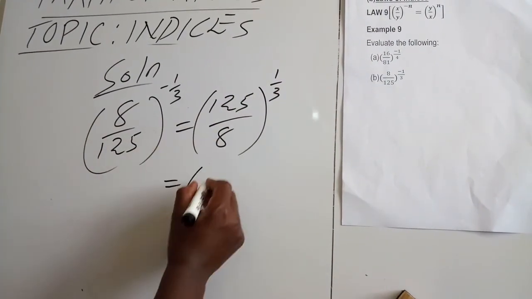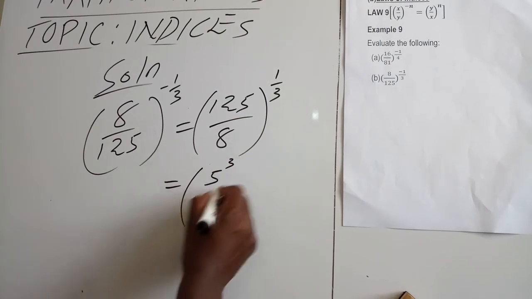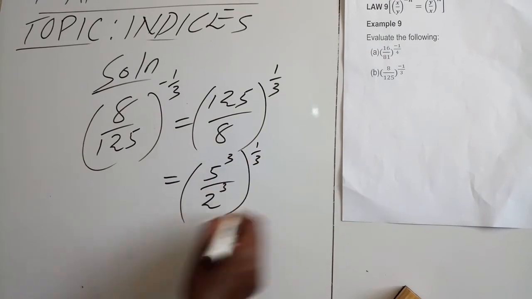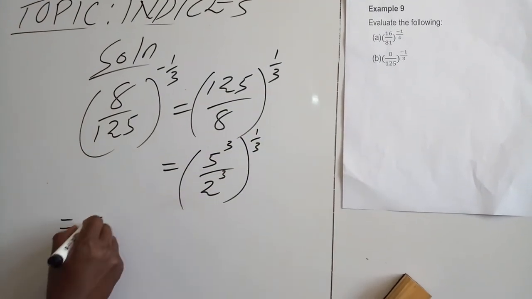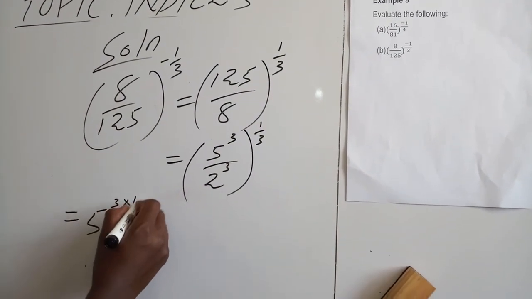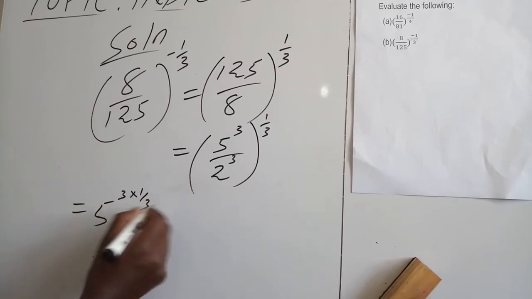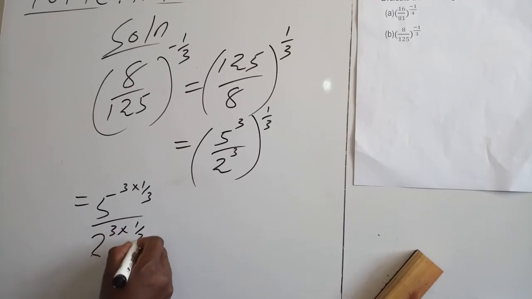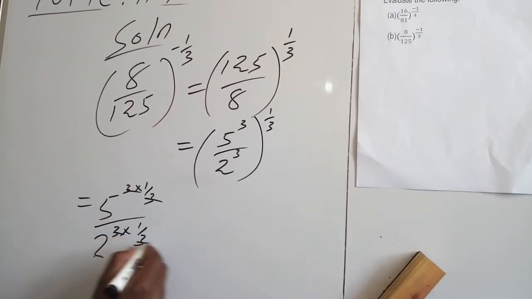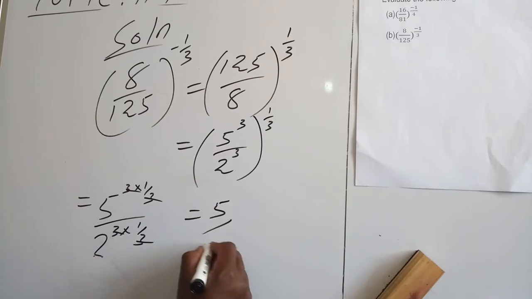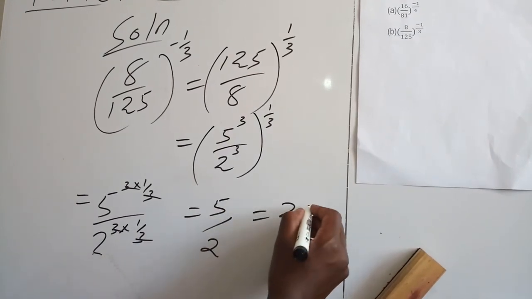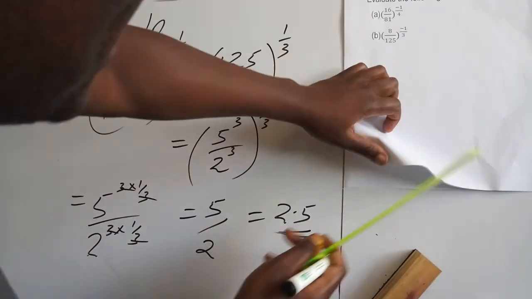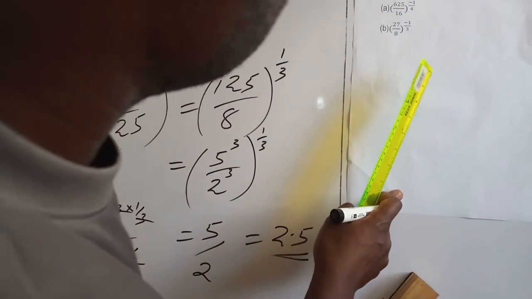This will come to 5 power 3 over 2 power 3 all to the power a third, which would give us 5 power 3 times a third over 2 power 3 times a third. That and that cancel. We are left with 5 over 2. In the end, we have a value of 2.5. We are done with our 9th and last law.